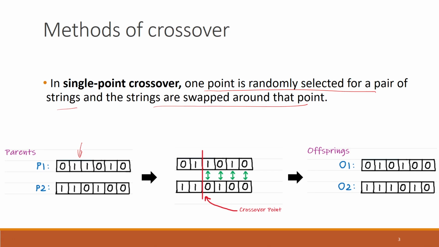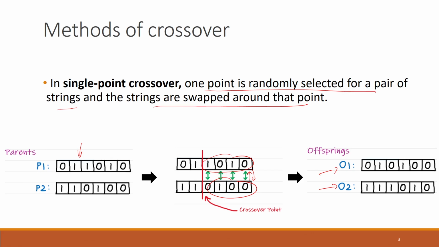Then this portion goes to the bottom and this portion goes to the top in the new offspring. These are the two offspring that you get after single point crossover.